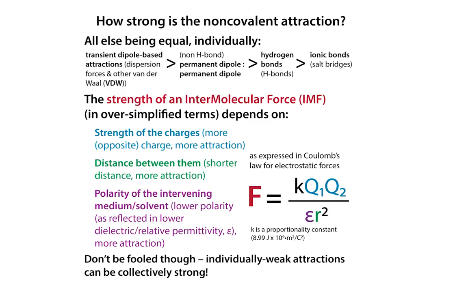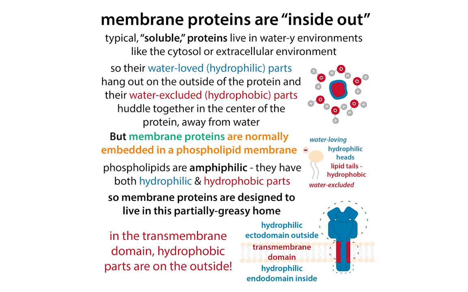That would make it easier for those forces to feel one another, and thus you get the greater attraction and repulsion. And again, we're just going to mainly be thinking about attraction, but the same thing would hold in case of repulsion. So when we're thinking about what would make a stronger intermolecular force, we want a greater charge, shorter distance, and less polar solvent. So maybe being on the inside, the hydrophobic part of a protein, rather than on the outside, the hydrophilic part, the surface, where it's exposed to the water, assuming we're talking about a cytosolic water-soluble protein.